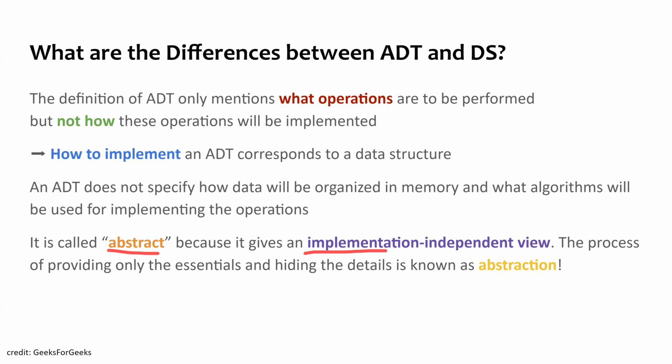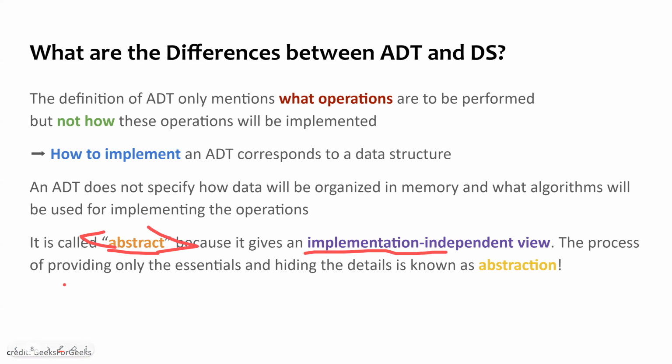It does not care about implementation. Furthermore, it doesn't even care if it is possible to implement that ADT. It just assumes that some data structure will implement that concept. Therefore, some ADTs might not be implementable. Therefore, we have the name abstract.